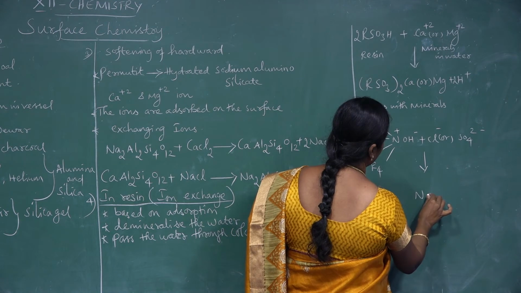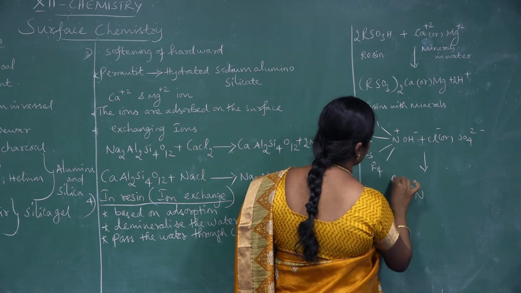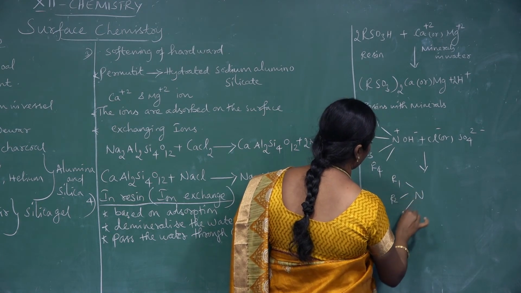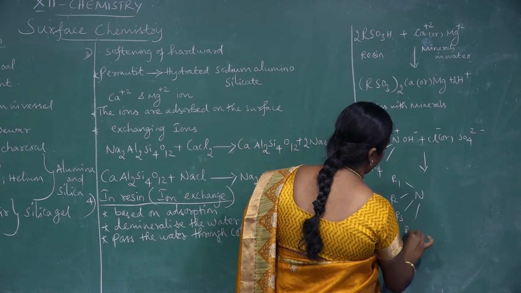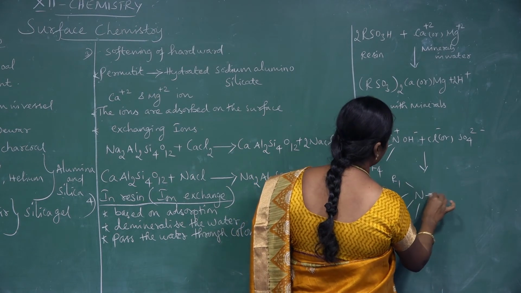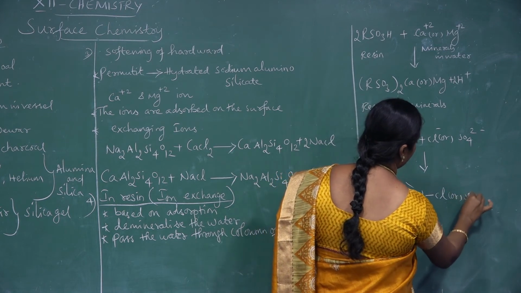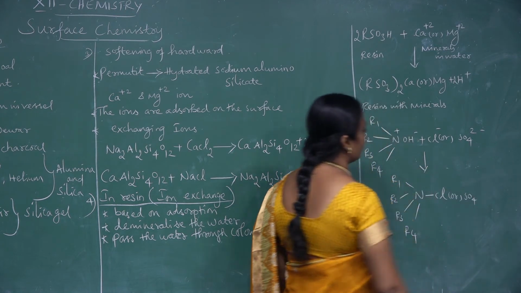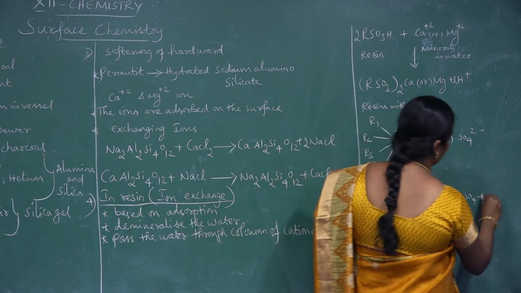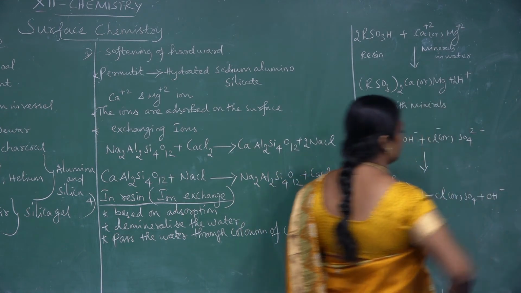So this N will be coordinated with the alkyl groups R1, R2, R3, R4 like that, and it is added with the Cl, or in its place we can substitute SO4 also, and in the same way the OH minus is eliminated.